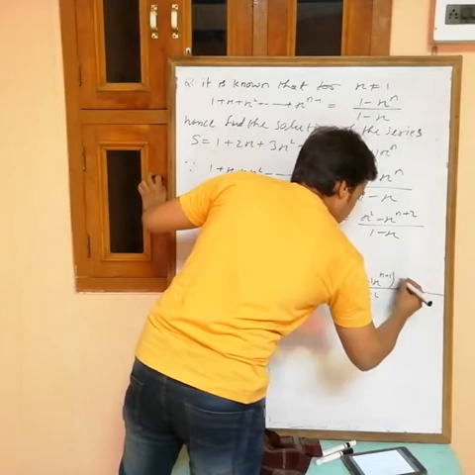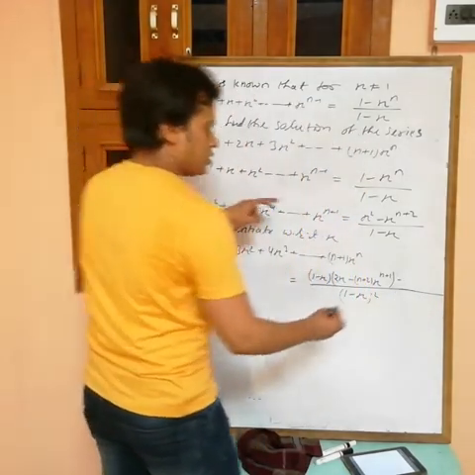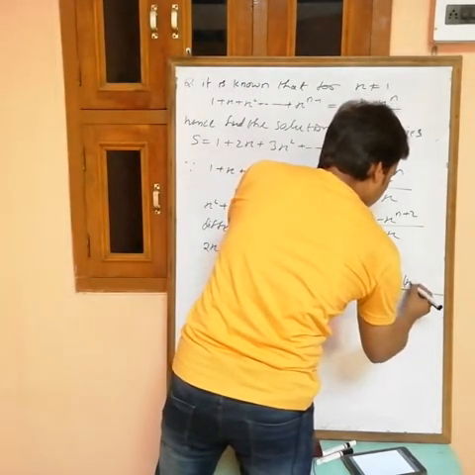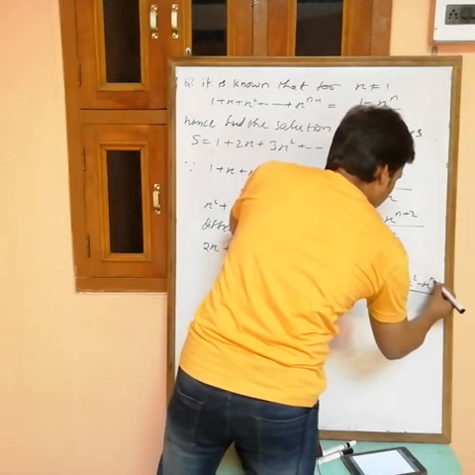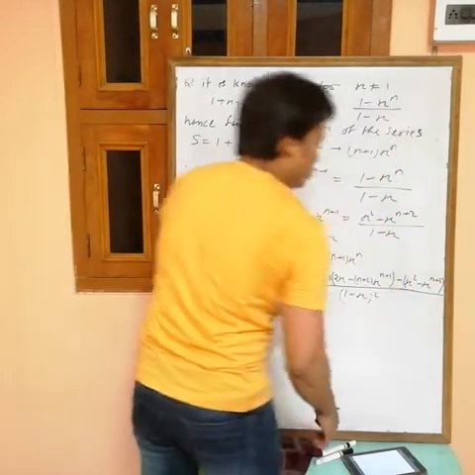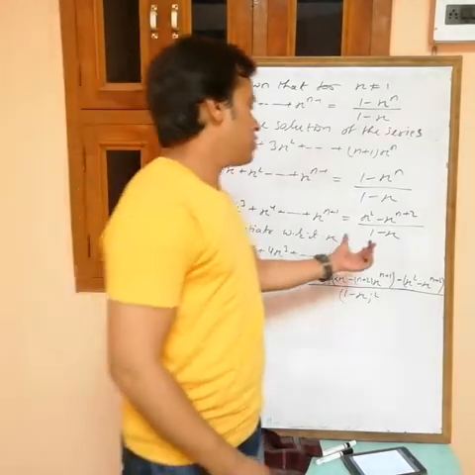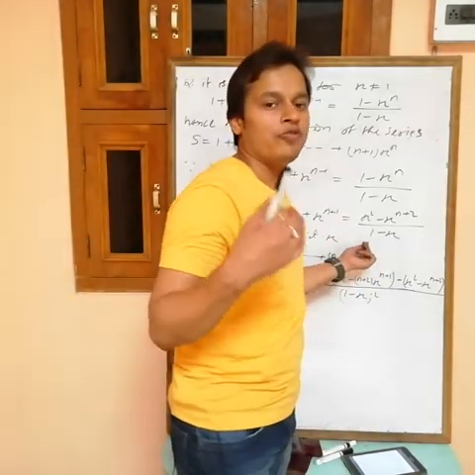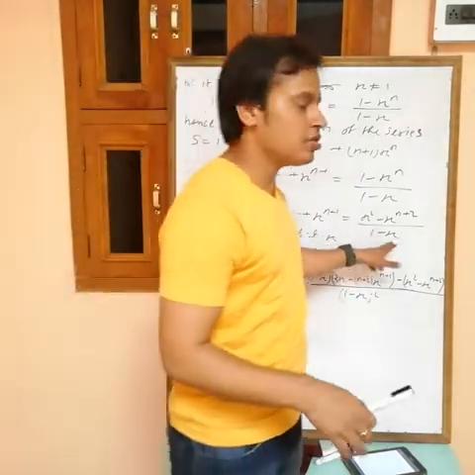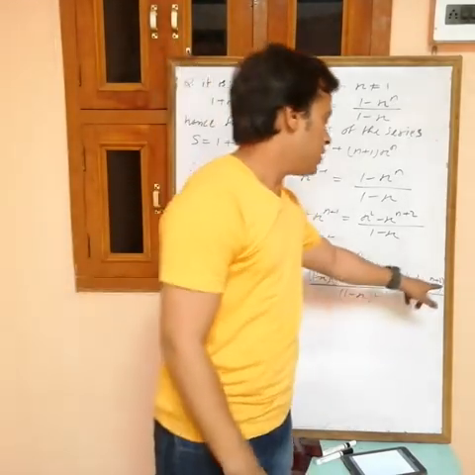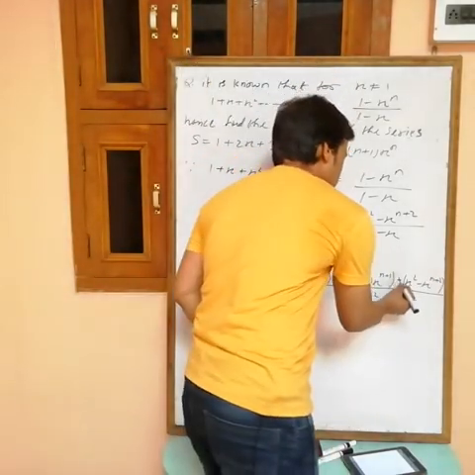Then minus the numerator x square minus x power n plus 2, and the differentiation of the denominator: derivative of 1 is 0, derivative of minus x is minus 1, multiplied by minus 1, then minus becomes plus.